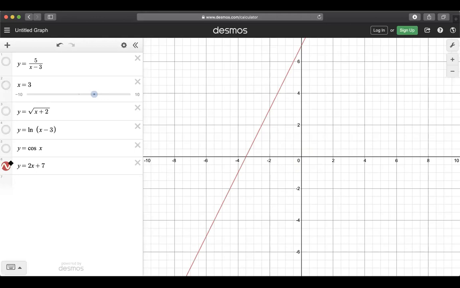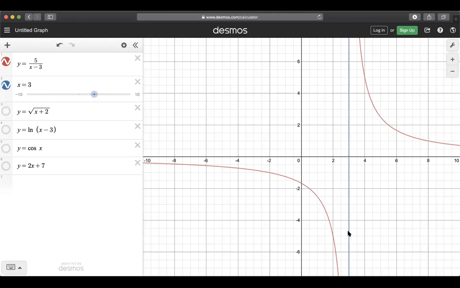However, if we look at other functions, for example, y equals 5 over x minus 3, we see that at x equals 3, which is right here, we do not have a y value. And we can say that the domain of the function would be any x except for x equal to 3.